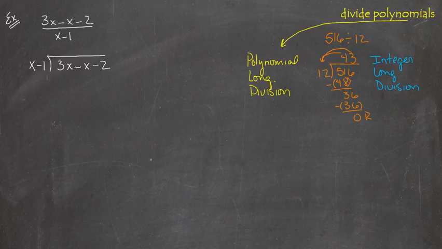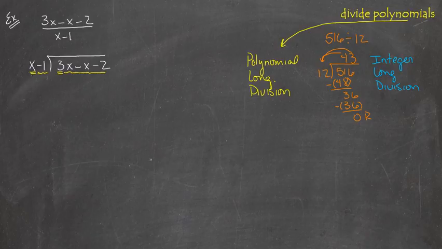I start off in the same way, except I'm not asking how many times x minus 1 goes into 3x squared minus x. With polynomial long division, I just look at the first part, and the rest is like a tail that trails along. We just let it follow along. That'll become clearer when I start to do it.